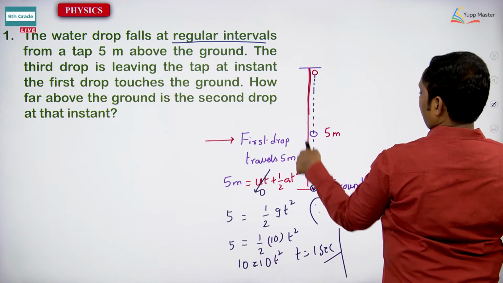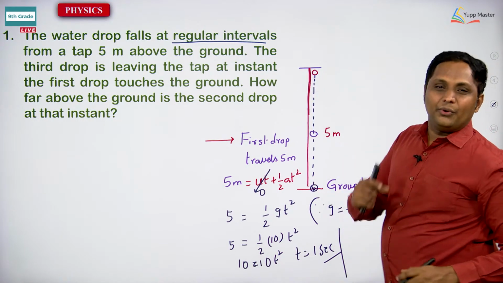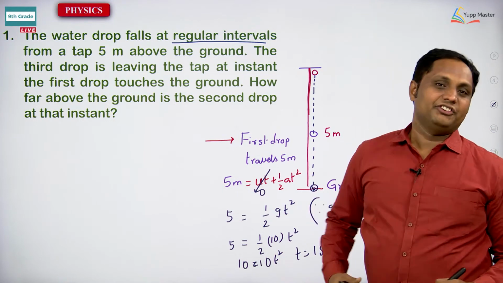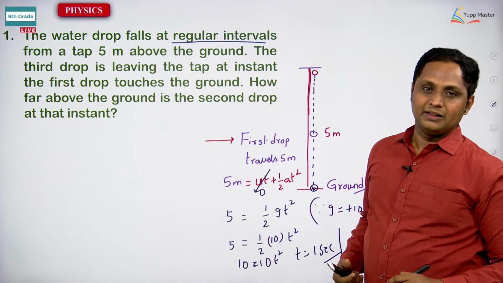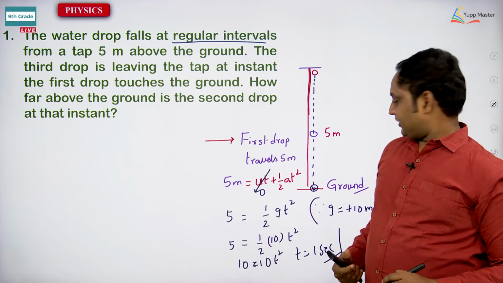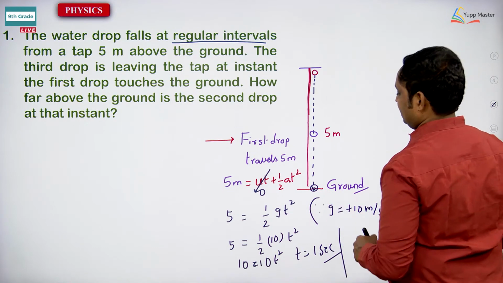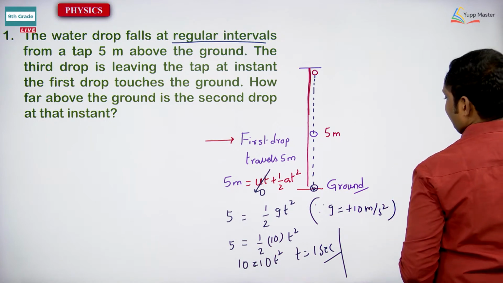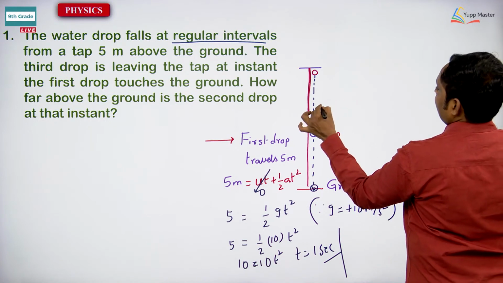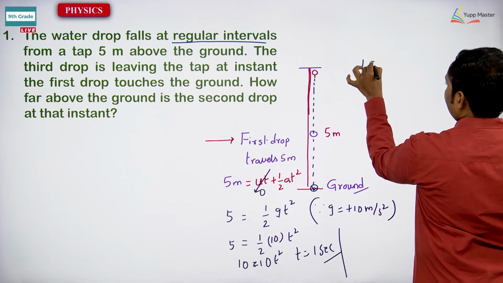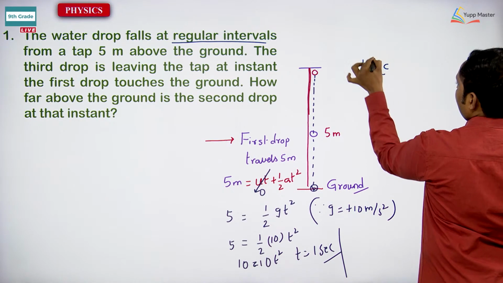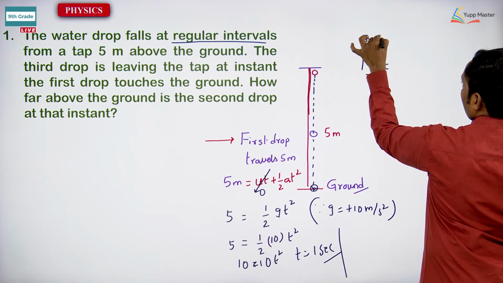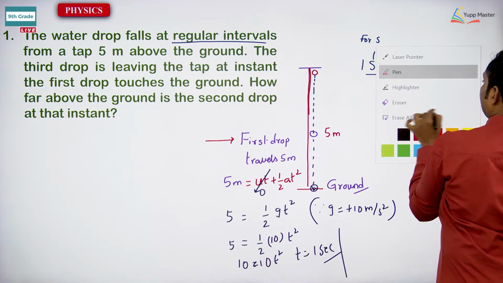If we now consider the second drop, which has traveled some distance, we take the 1 second obtained for the first drop.